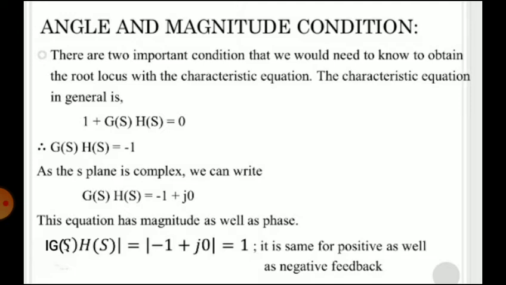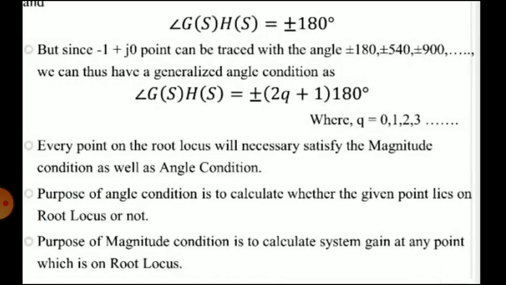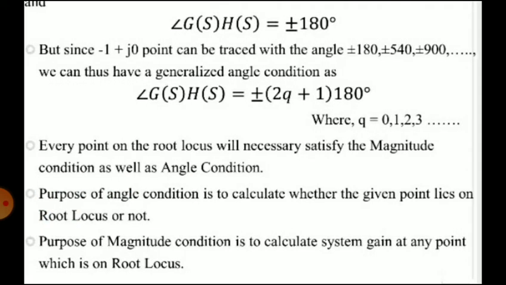This equation has magnitude as well as phase. The magnitude will be equal to 1, and it is the same for positive as well as negative feedback. The angle of G(s)H(s) is equal to plus or minus 180 degrees.